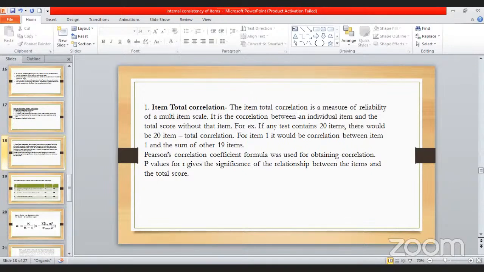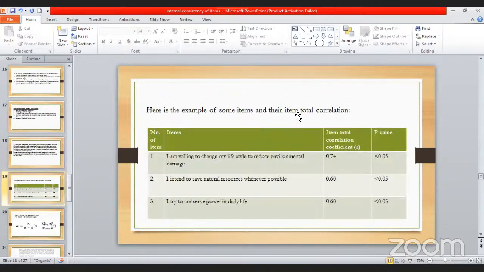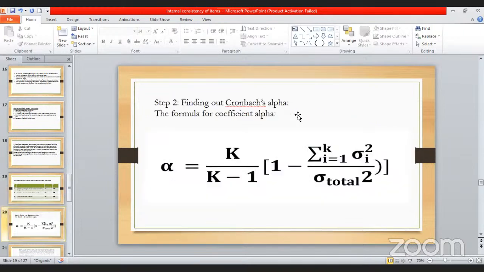Okay. And we use the Pearson correlation coefficient for this item total correlation. And this is the example of the items. I'm just showing you 3 items, for example, and their item total correlations and the significance level. The next step is to find out the Cronbach's alpha.